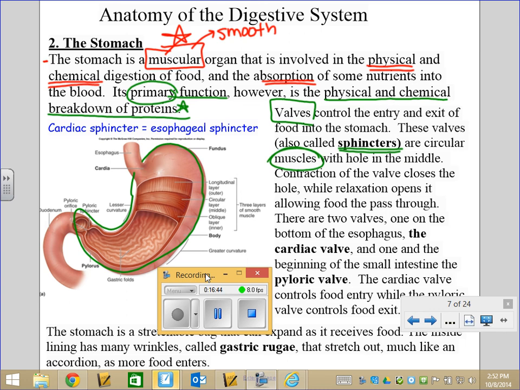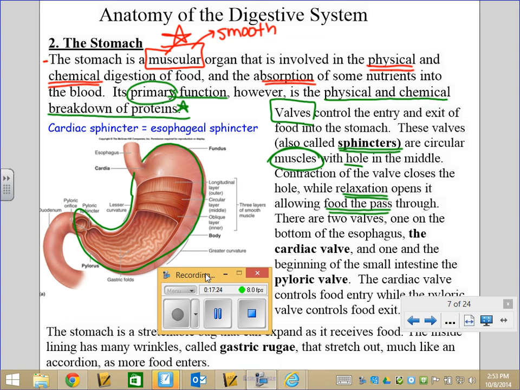So without muscles, there is no way that we could control food coming into and food leaving our stomach. These circular muscles have a hole in the middle. If I contract the valve, I close the hole. If I relax the valve, I open it, and relaxation is when food can pass through. So here is an example of your muscles helping you maintain homeostasis. Without muscles, you could not regulate the entry and exit of food from your stomach.